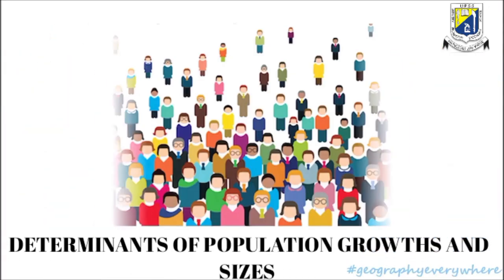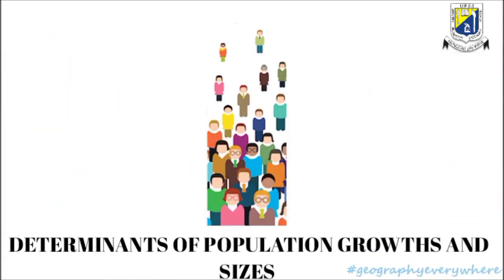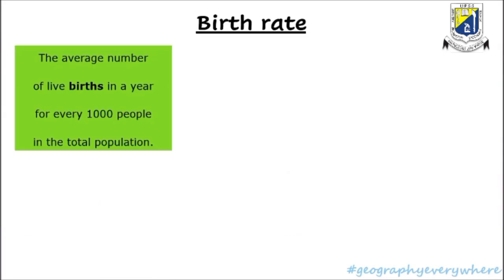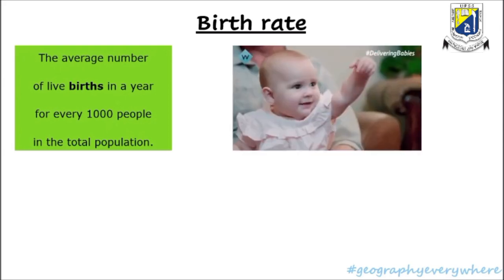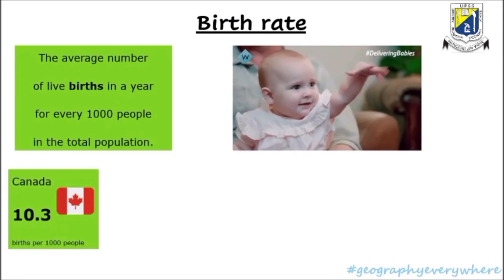So quickly, we are going to look at the determinants of population size and growth, beginning with birth rate or natality rate. The birth rate of a country refers to the rate at which children are being given birth to in that country.